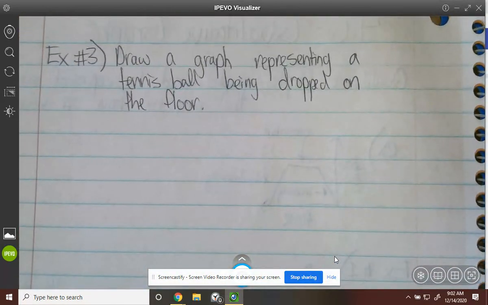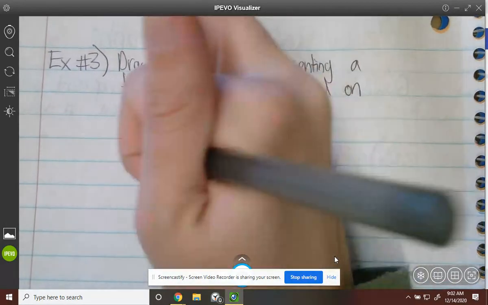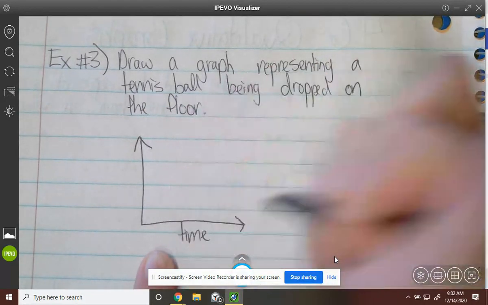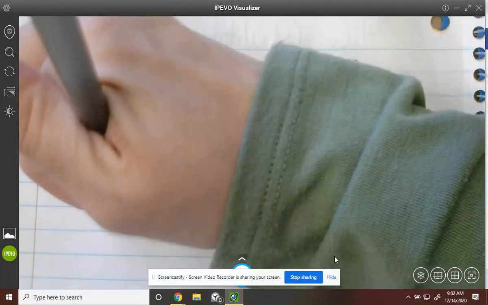Okay, so first you have to figure out what your two things that you're measuring is going to be. Like I told you, this one is usually time. And if we're dropping a tennis ball, what else can we be measuring? The height or the distance.